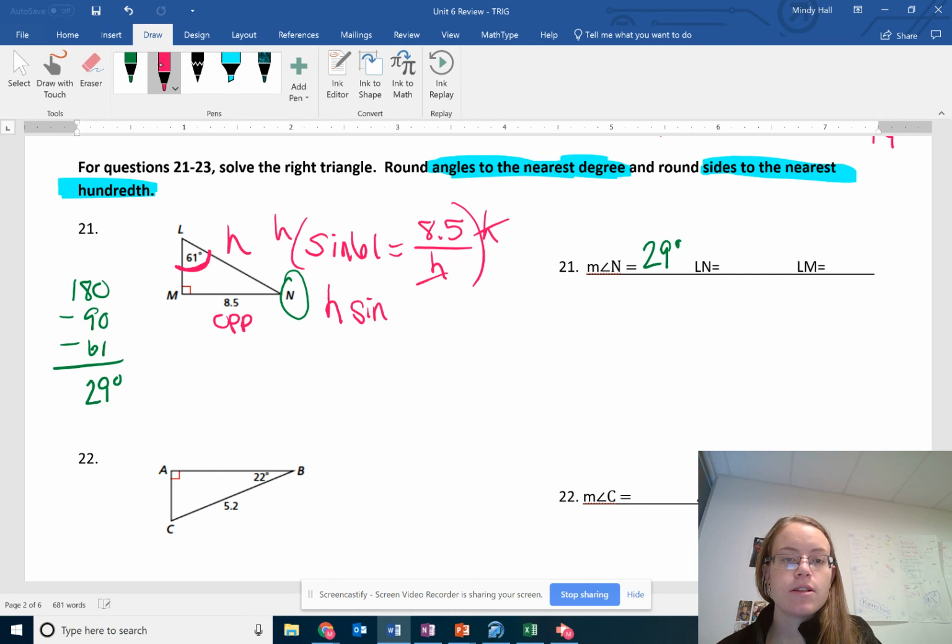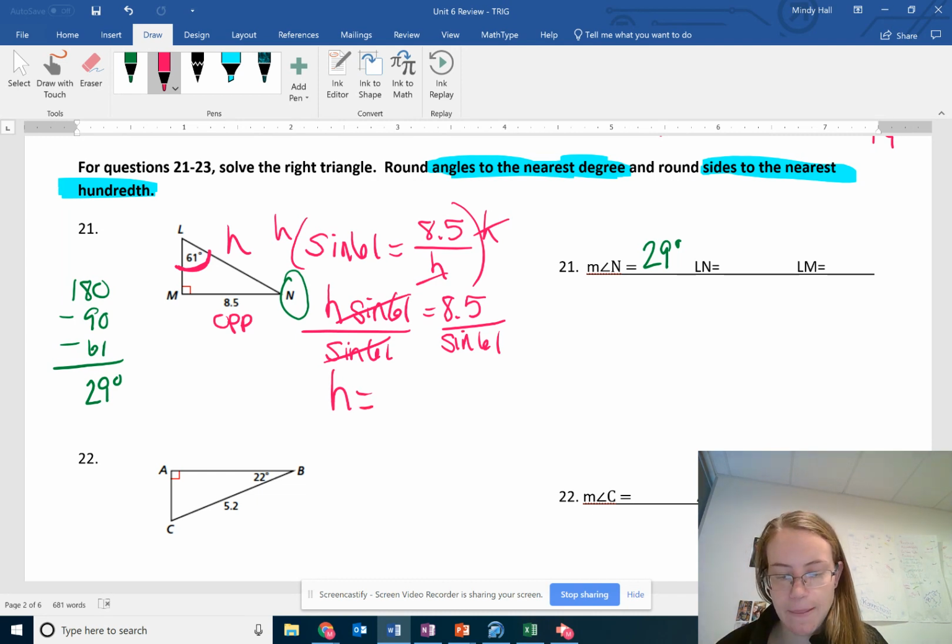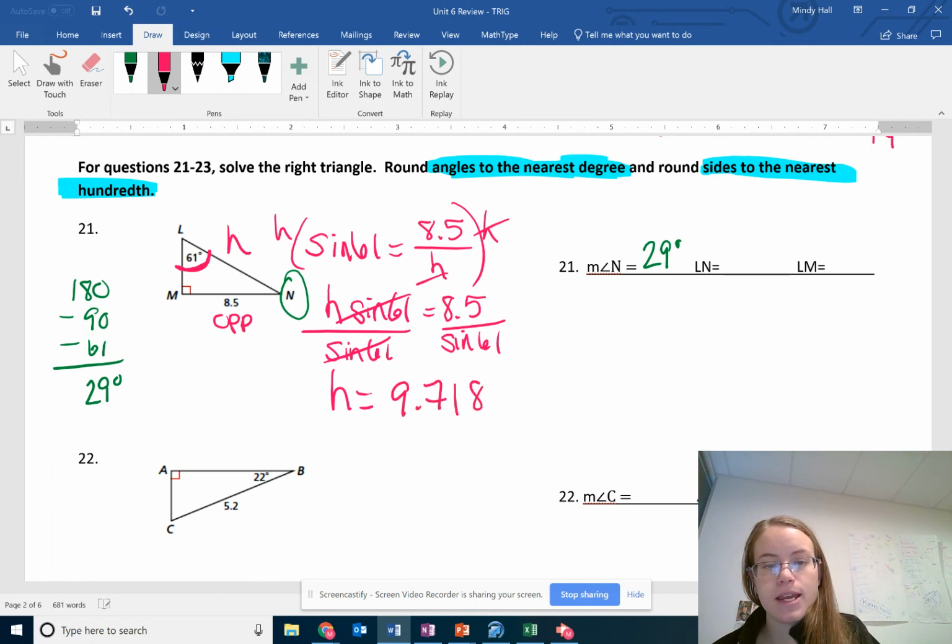So we have h times sine of 61 equals 8.5, and then we divide by sine of 61, because then it cancels and goes away. So then we have h equals 8.5 divided by sine 61 is 9.718. So then because that's an 8, we round up to 9.72.